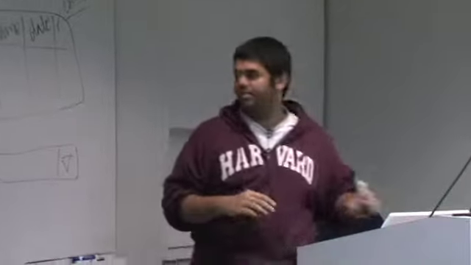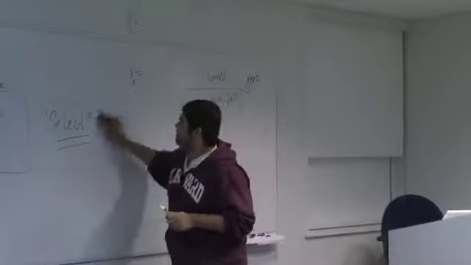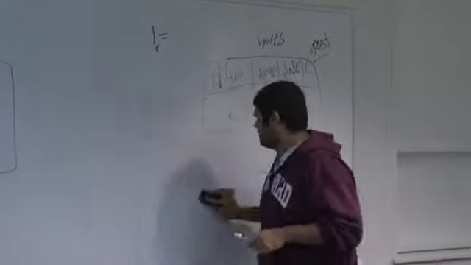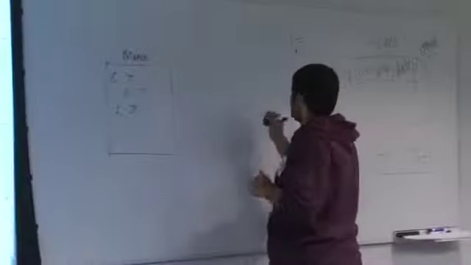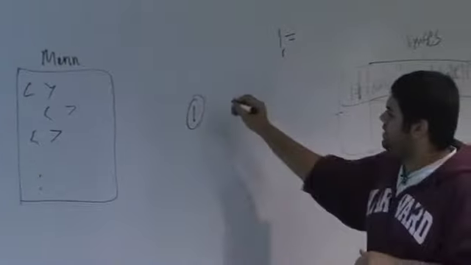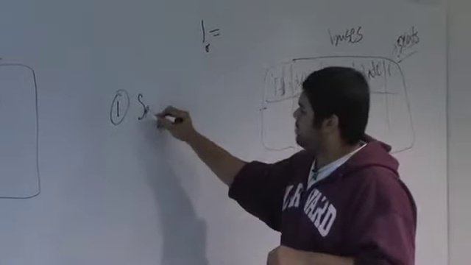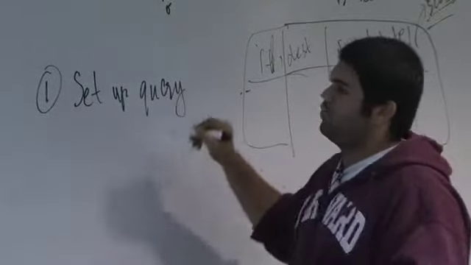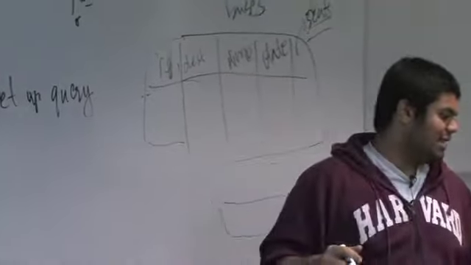The first thing we're doing is setting up the query. Let me actually write this out, because this is probably always a model that you want to follow. The first part is set up the query. In this case, it was the line that says $SQL equals select star from.